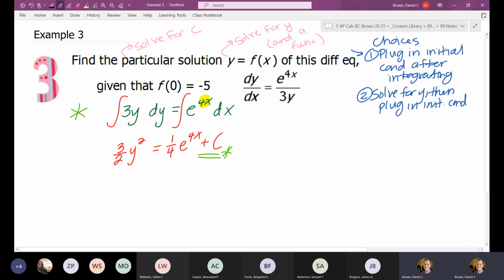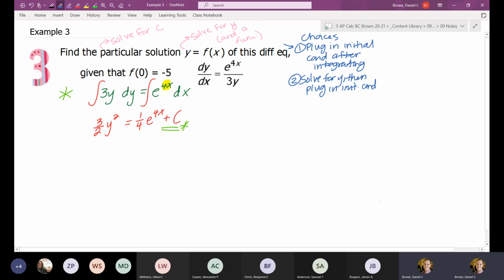That being said, I have plenty of students who like solving for y first just because that's what they're used to doing, and then plugging in the initial condition. Either way, as long as you're doing proper algebra, you're going to get the same answer. But again, my preference is plugging in my initial condition first. So it tells me that this is going through f of 0 is equal to -5.